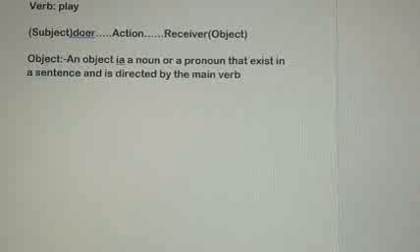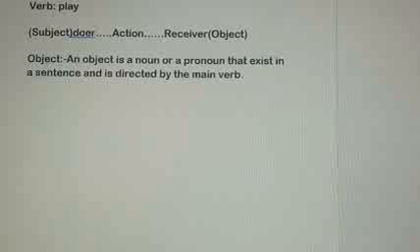Okay. Or you can also say that an object is a noun or a pronoun that exists in a sentence and it is directed by the main verb.